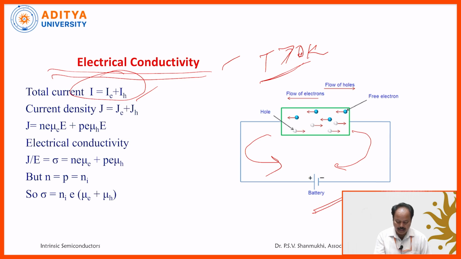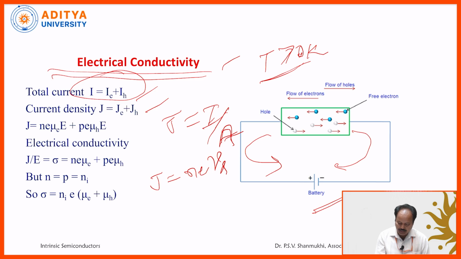What is the current density? Total current density J is equal to JE plus JH. We know J is equal to I by A, the total current per unit cross sectional area. For the current density, we have an expression J is equal to N e VD, drift velocity, or else N e mu E, mobility into electric field.